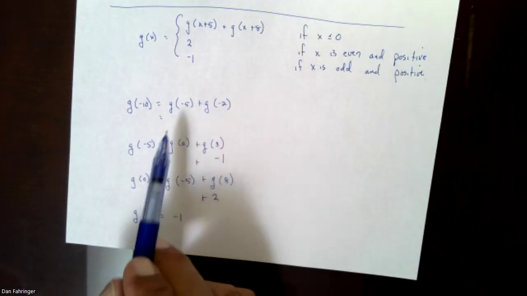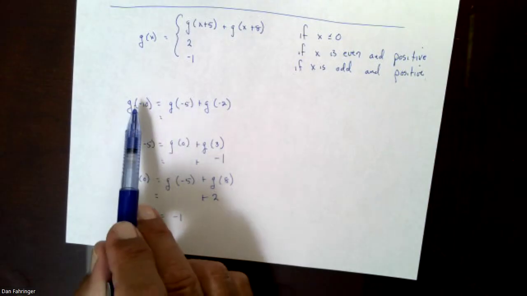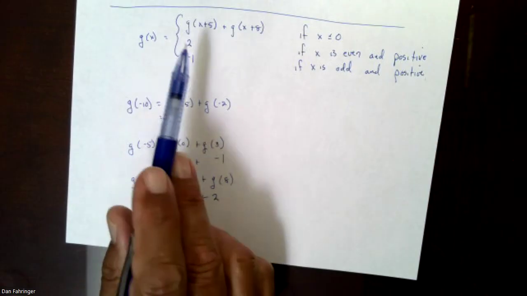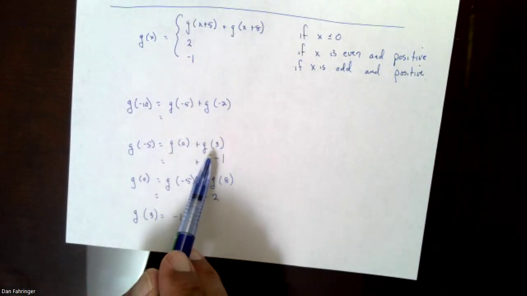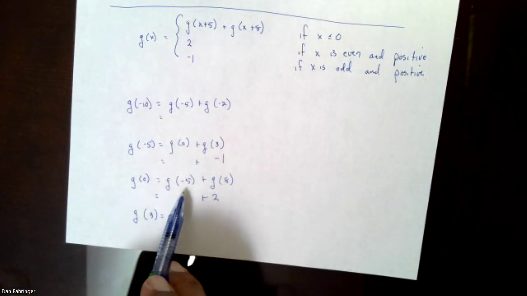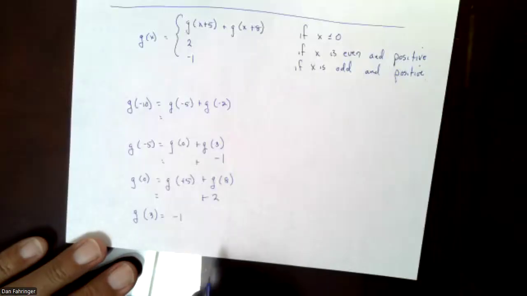So let's double check. Negative 10 and 5 is negative 5. Negative 10 and 8 is negative 2. Negative 5 if I put in is g of 0 and g of 3. G of 0 is going to be g of, oh, I messed that up, didn't I? Positive 5. This is known as checking your work.